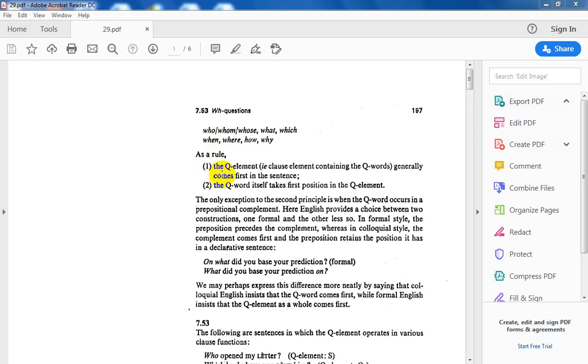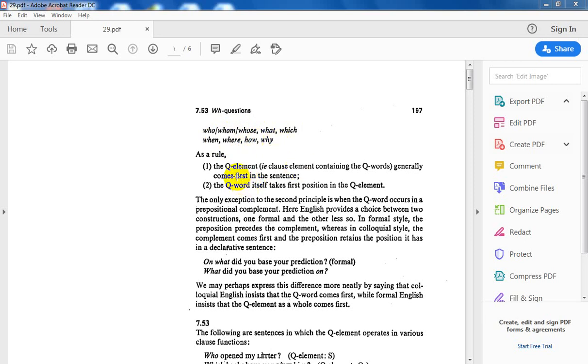As a rule, the Q element, meaning the WH element, is a clause element containing the keywords what, who, whom, whose, which, and so on. Each of these Q elements asks for something: who for subjects, whom for objects, whose for possessiveness, what for things, which for inanimate things, when for time, where for places, how for manner, and why for reason.